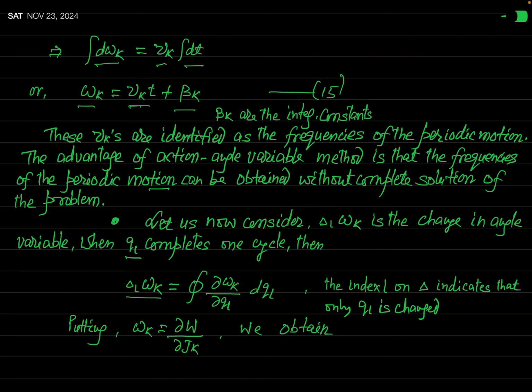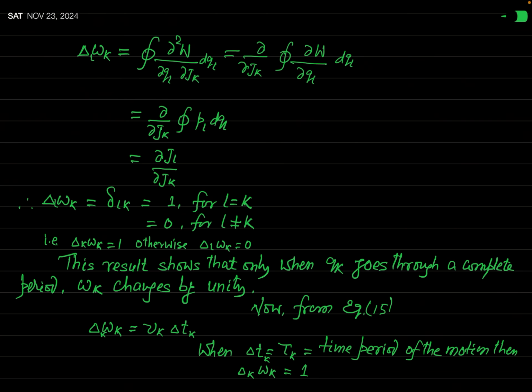And that will be equal to what? That will be equal to the integral for a complete cycle of del omega k by del QL times dQL. You can write this. But you have seen that this omega k is equal to del W by del Jk. So let us replace this omega k in the above equation by del W by del Jk.